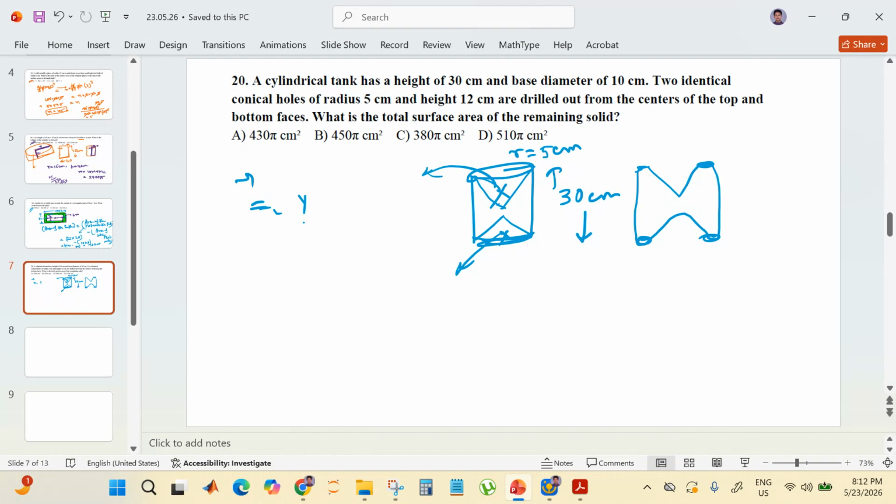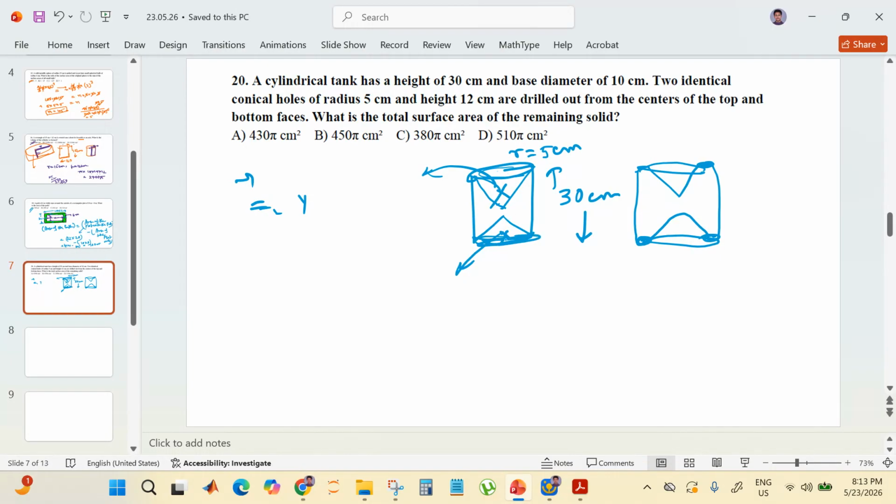See, it looks like actually this one. From the outer face you can find there is no base and there is no top, right?